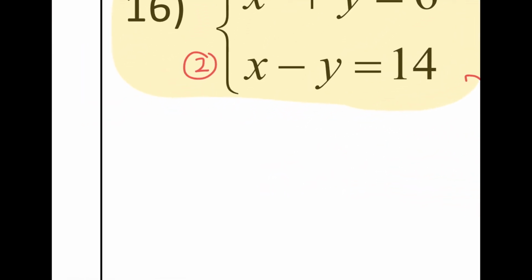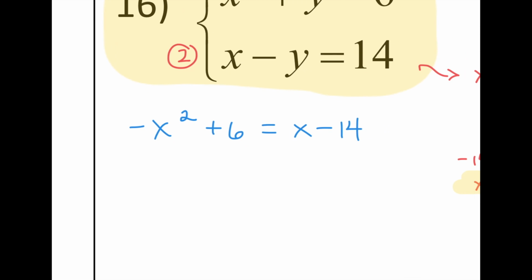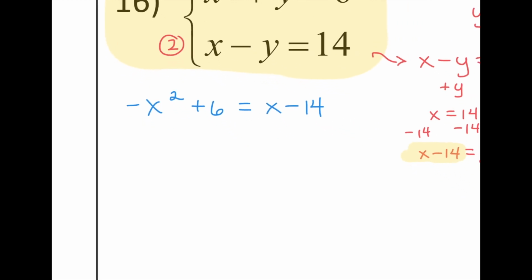So over here, I'm going to say negative x squared plus 6 is equal to x minus 14. And I'm going to rearrange the equation so that all the terms are on one side equal to 0.